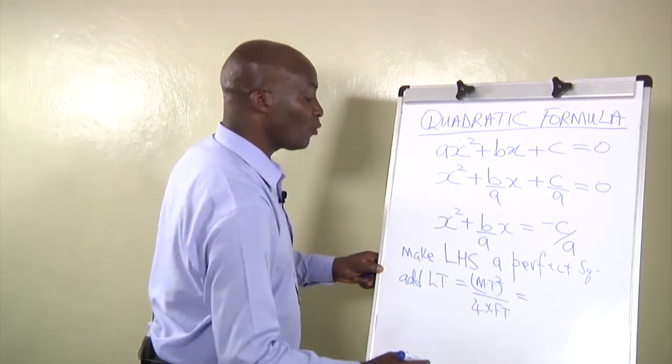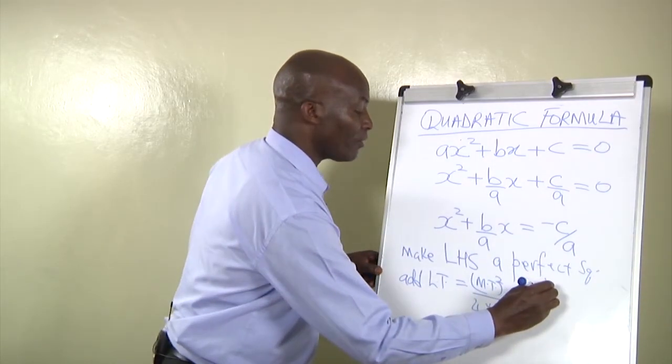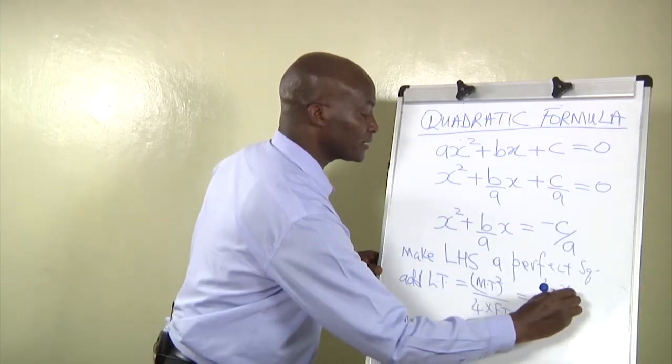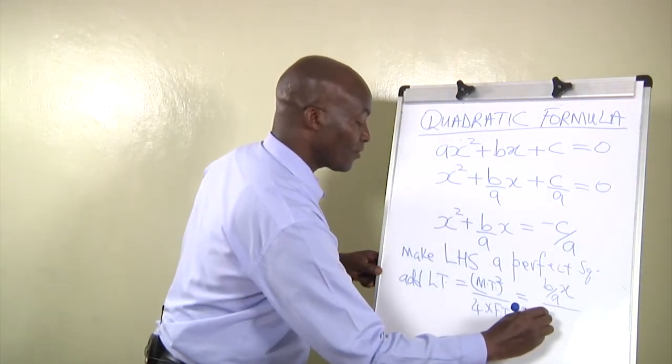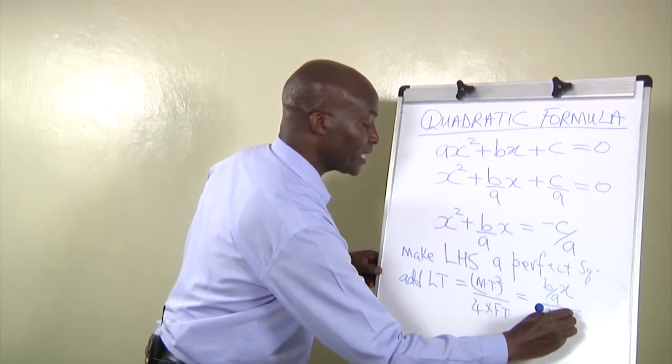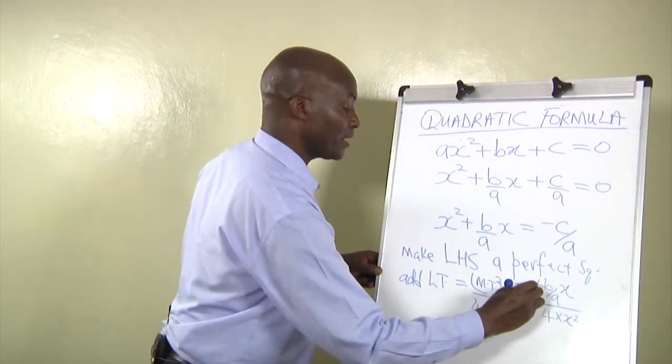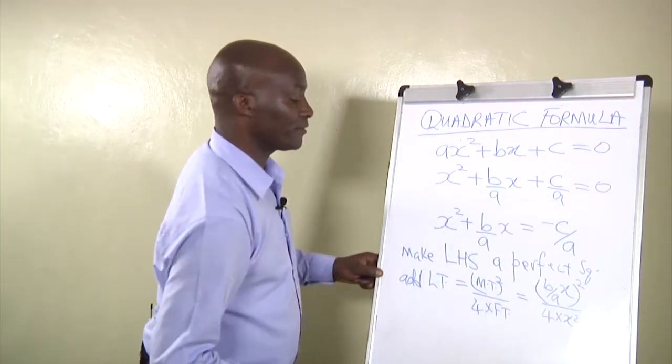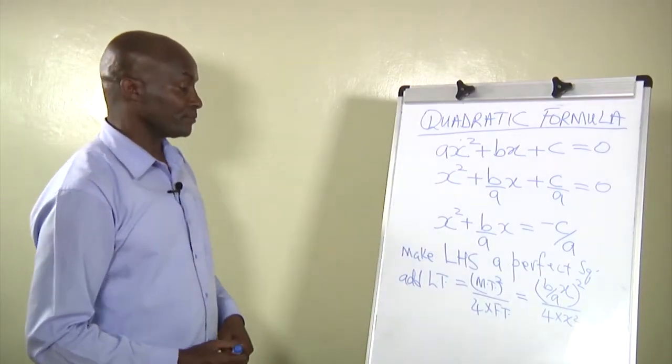So this will be equal to (b over a x) squared divided by 4 times x squared.